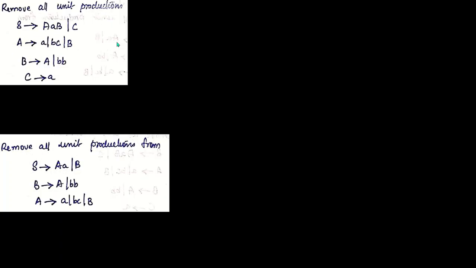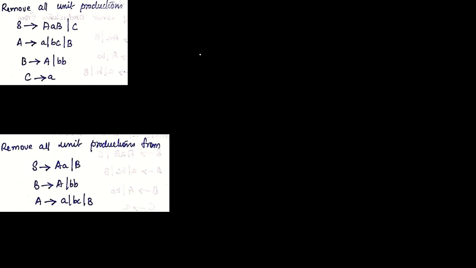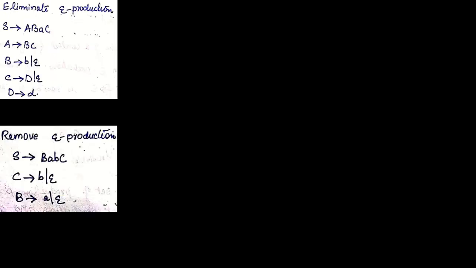So what happened? B gives epsilon and C gives epsilon. And we have another production, A gives BC, which can also be given to epsilon, because both of these variables can be epsilon, and A can be derived to epsilon.